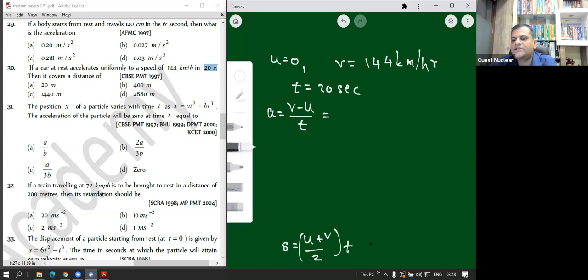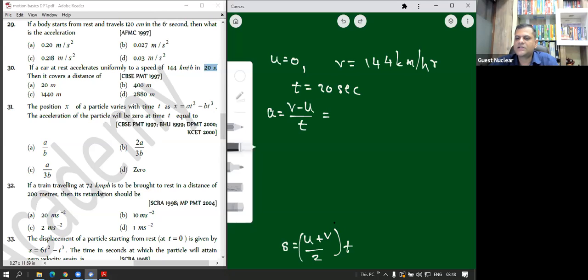This can be regarded as a fourth kinematical equation, because whenever all these 3 kinematical equations cannot be used because of the lack of acceleration, then we can use this fourth one. If we have not been given the acceleration here, then in that case we have to use s equal to u plus v by 2 into t.